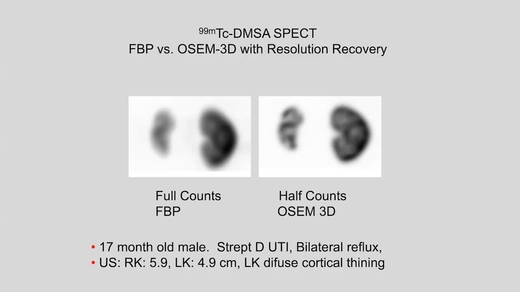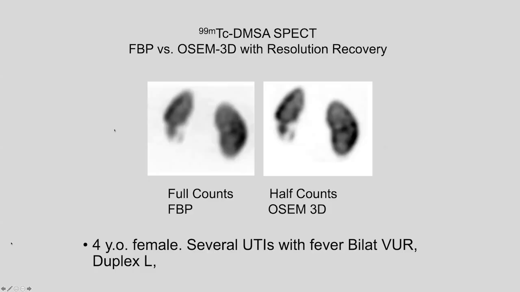The left kidney showed diffuse cortical thinning on ultrasound, but clearly it's not just diffuse cortical thinning. There is focal and diffuse cortical thinning. So this image is very, very important to outline the functional image of the kidney.